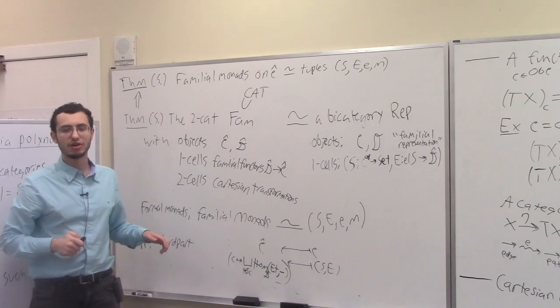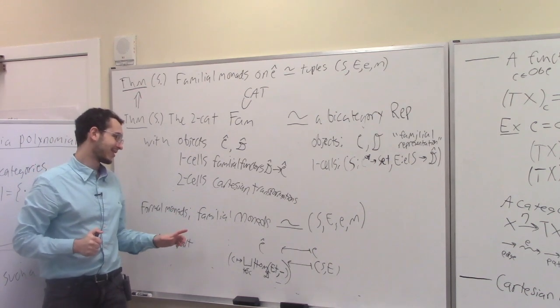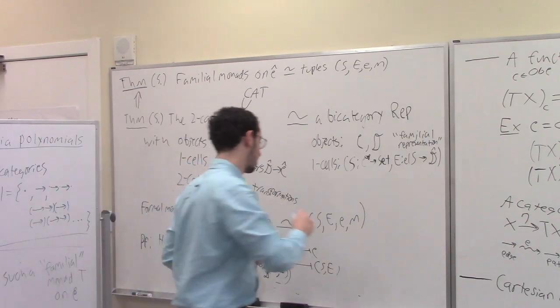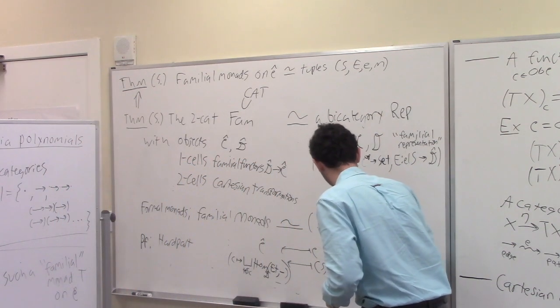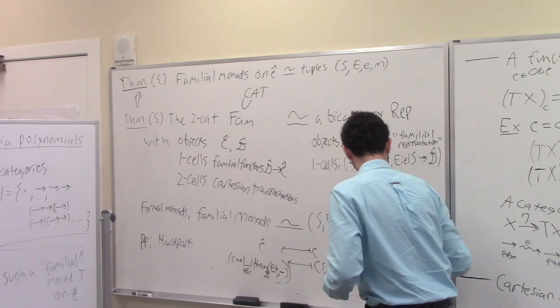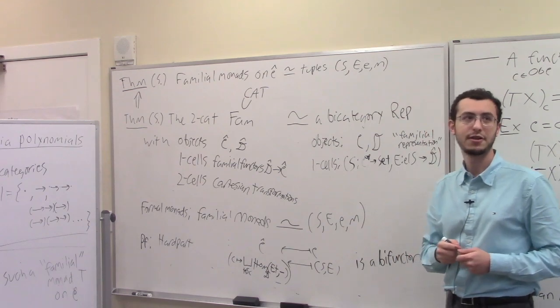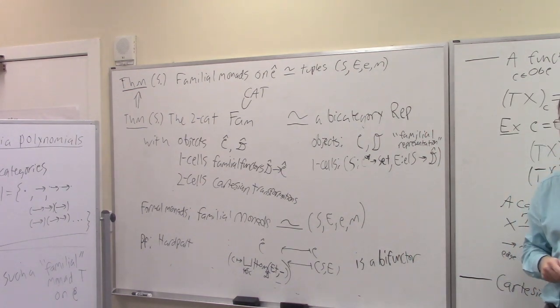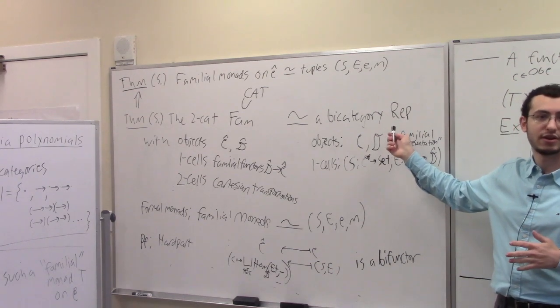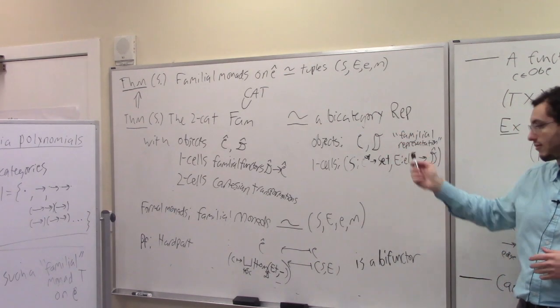It's not hard to show that if it is a bifunctor, it is an equivalence. What's hard is to show that this is a bifunctor, that it respects composition in an appropriately coherent way, especially given that this is in fact a bicategory, it's not a strict 2-category.